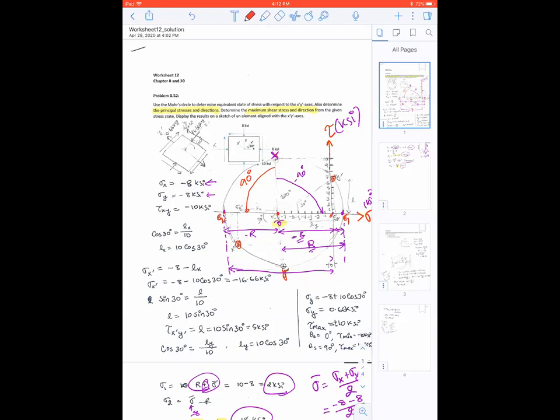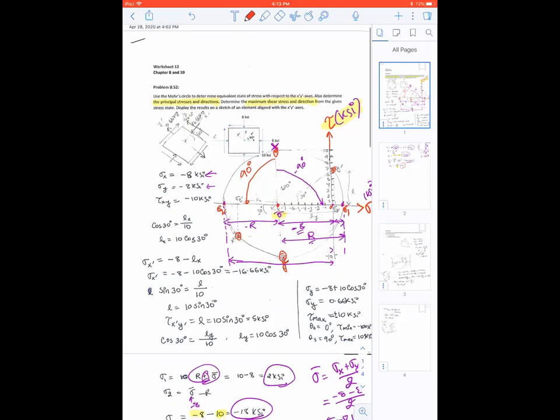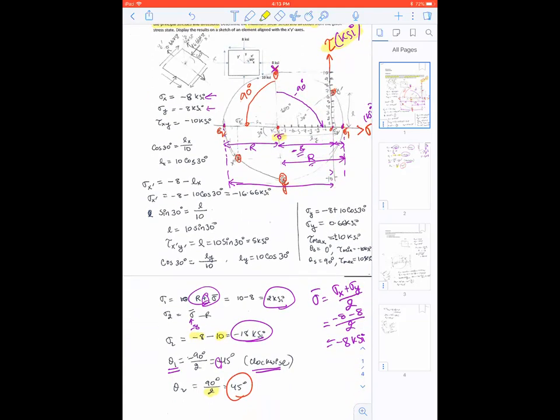So tau max is always the radius. And you can see that the maximum shear stress, you're going to look at it in the y-axis. So the max y-axis value is plus minus 10, max and min. So these are the locations where you're going to see maximum or minimum shear stress. So you can see that my maximum and minimum shear stress is plus minus 10 KSI.